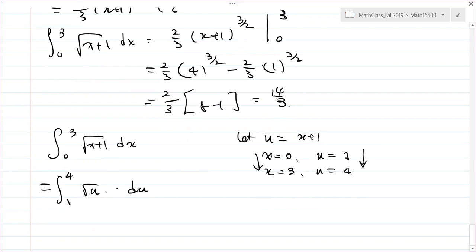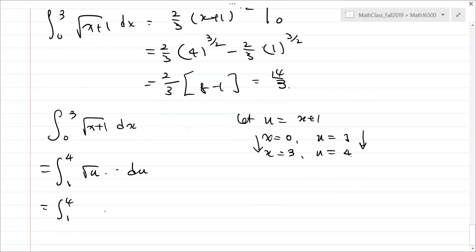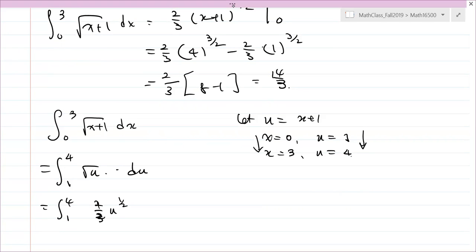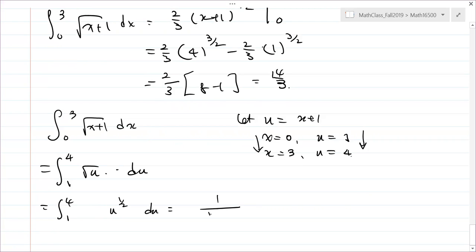So we're not going to use the indefinite integral here. The antiderivative is going to be 2 over 3 u to the 3 over 2.